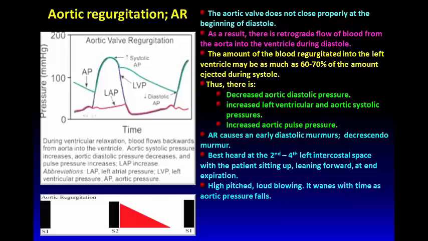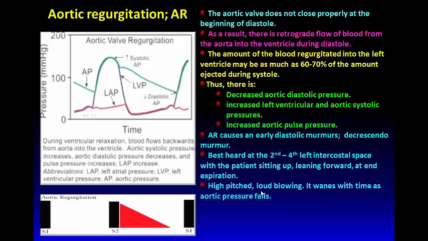The murmur of aortic regurgitation is a regurgitant murmur, as blood regurgitates from the aorta back into the left ventricle, and that is why it is best heard at the second to fourth left intercostal spaces, while the murmur of aortic stenosis is best heard at the aortic area, which is the second to third right intercostal spaces. The murmur of aortic regurgitation is a high-pitched, loud, blowing murmur.